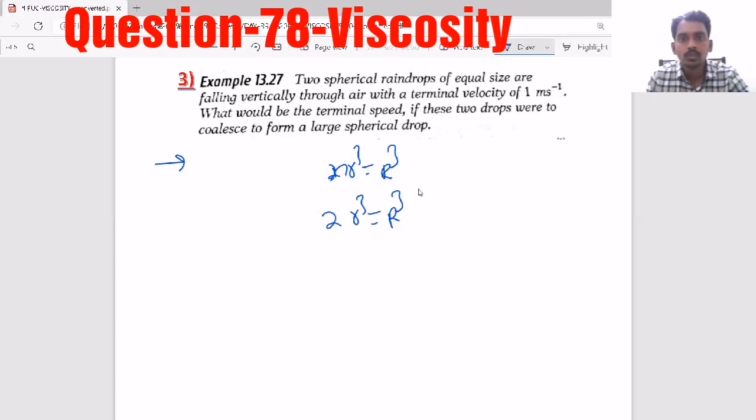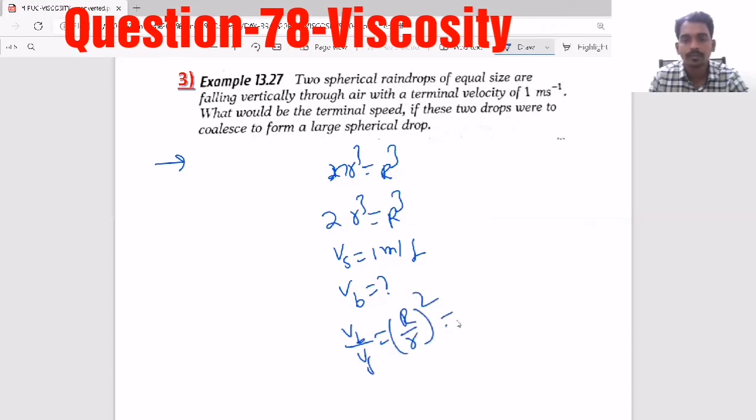The terminal velocity of the small one is 1 meter per second, and the terminal velocity of the big drop they are asking. Big by small equal to capital R by small r whole square.